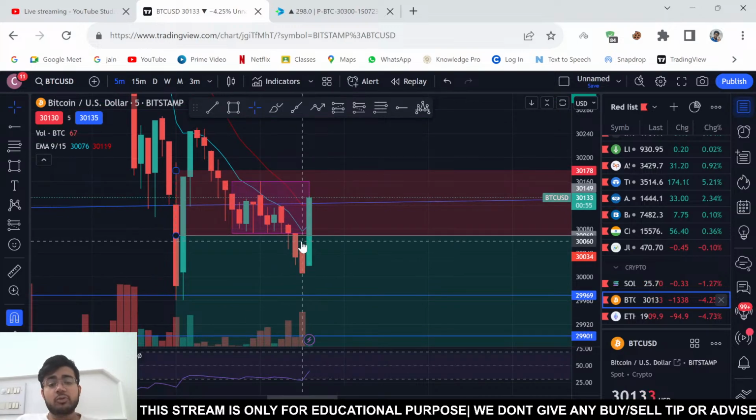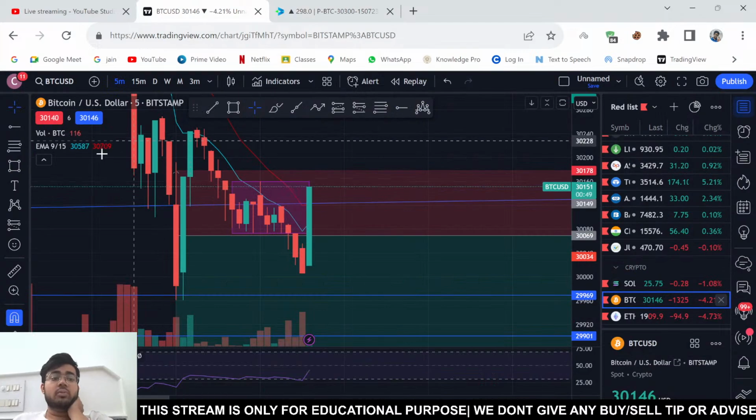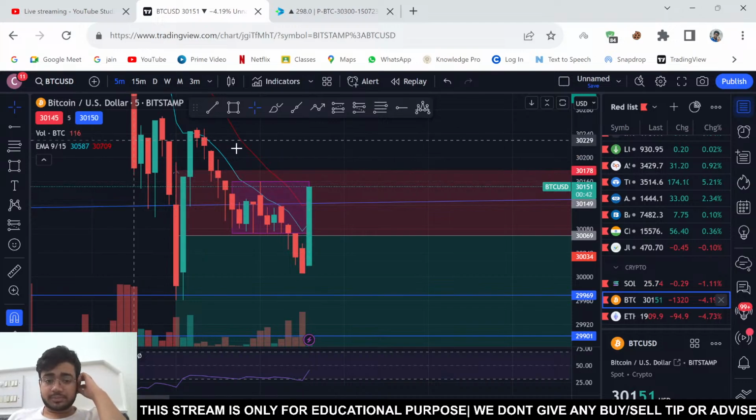This low of a volume and this big of a candle indicates that on Bitstamp the movement is not happening, but some place else the movement is happening. Even with 4 BTC, something is wrong.